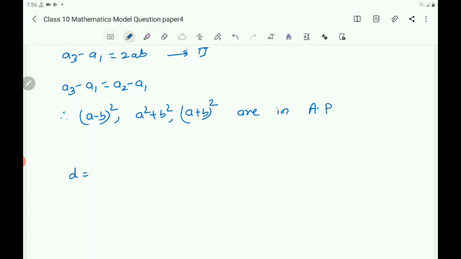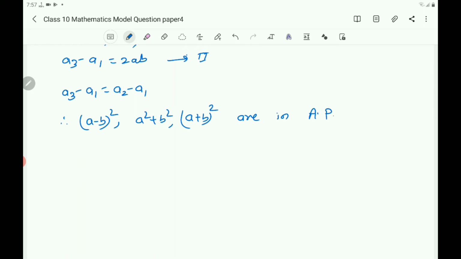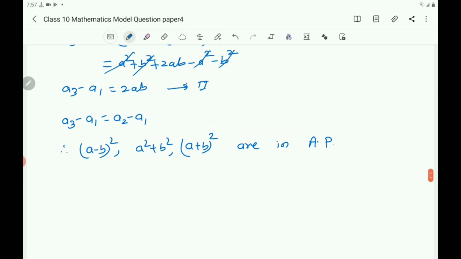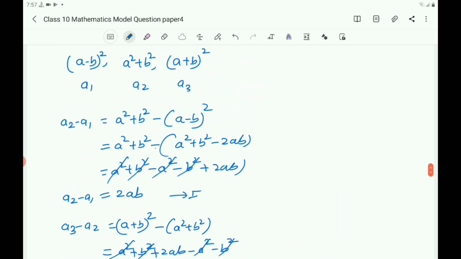If Tp and Tq are given, D equals (Tp minus Tq) by (p minus q). By using this relation, you can get this answer easily. But this formula is not in your textbook, but if you want to use this formula, you can use.